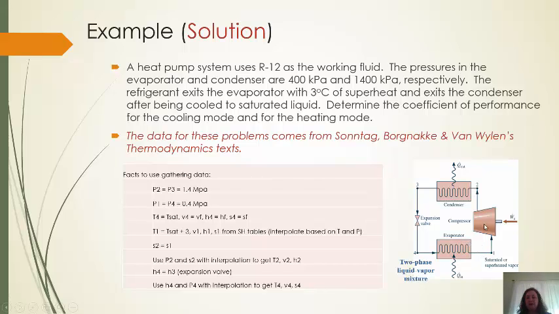And then my temperatures, I know that it's going to exit the condenser as a saturated liquid. So exit of the condenser is right here. Okay, so it's going to be a saturated liquid there. And it's going to leave the evaporator with 3 degrees of superheat. So I'm going to find the saturation and add 3.